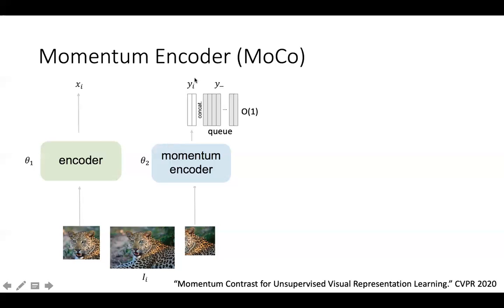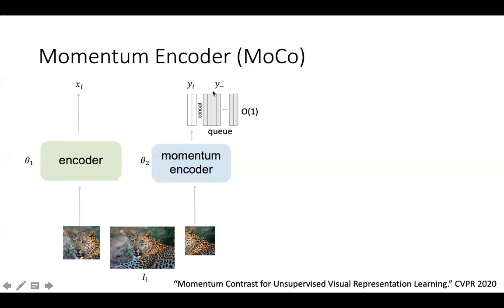At every batch, you will enqueue the most recent features yi into the queue and dequeue the earliest features so that the queue is maintained with a fixed size. But you cannot retrieve the feature of a specific image from the queue because you don't maintain the index there.